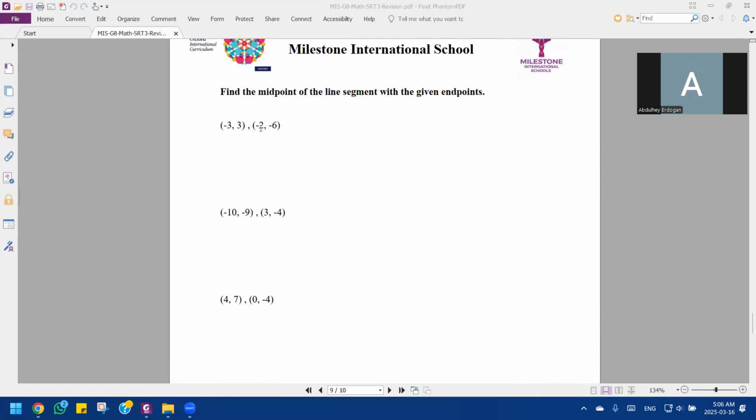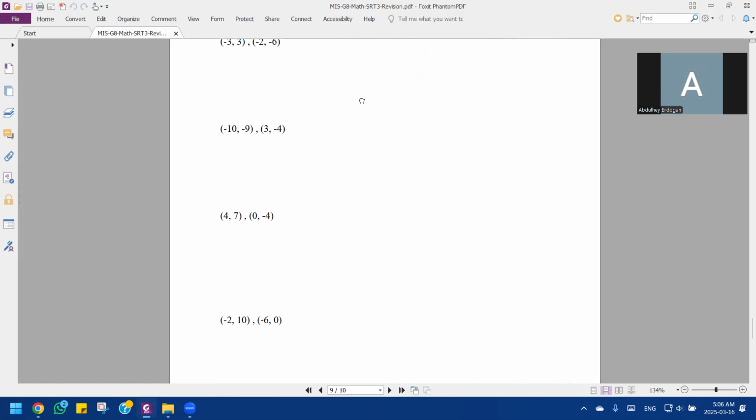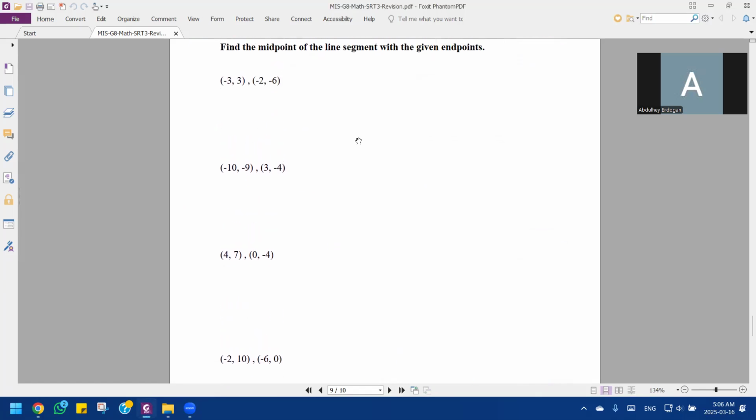Okay, next question. It's also find the midpoint with the given endpoints. Okay, so here the points are given without a graph. So we just apply the formula. We add the x together, minus 3 minus 2 over 2, and you add the y values together, 3 minus 6 over 2.